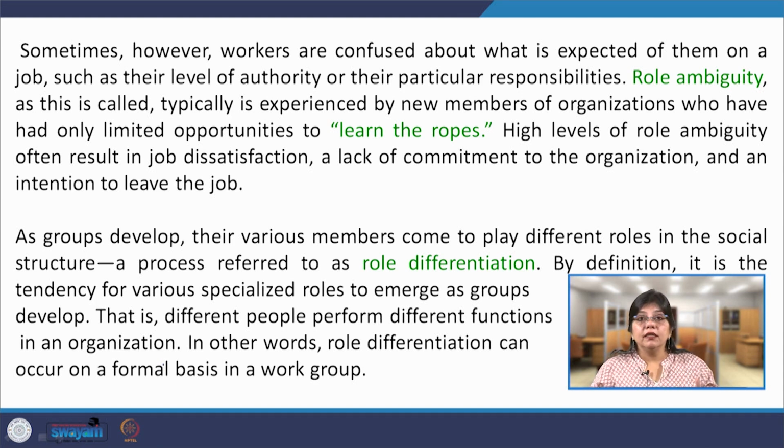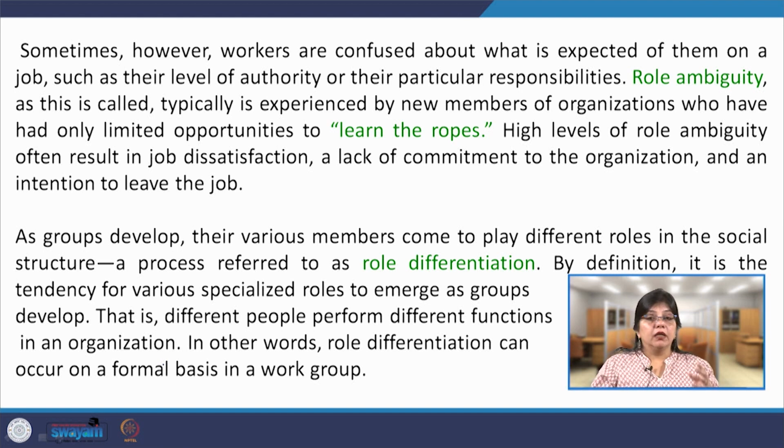It is a tendency for various specialized roles to emerge as groups develop. Every member has some different way to perform the role. It is not that everybody is performing the role based on some typical notions of behavior, but they have some innate way to perform their role in a very different manner.